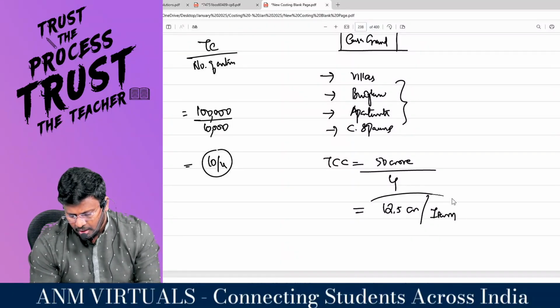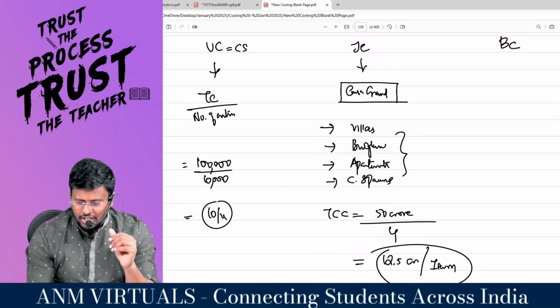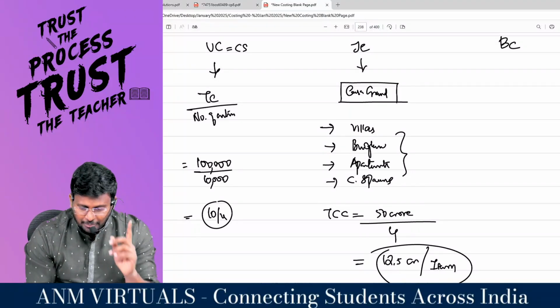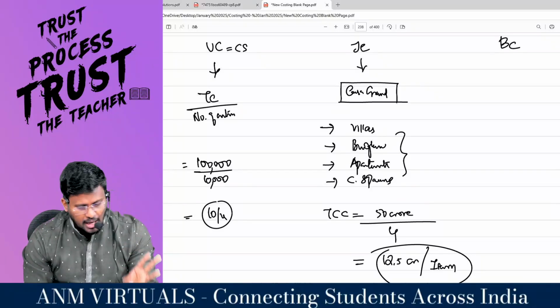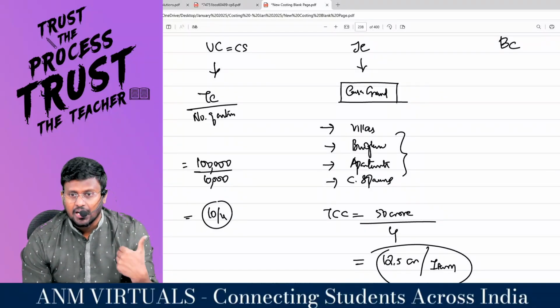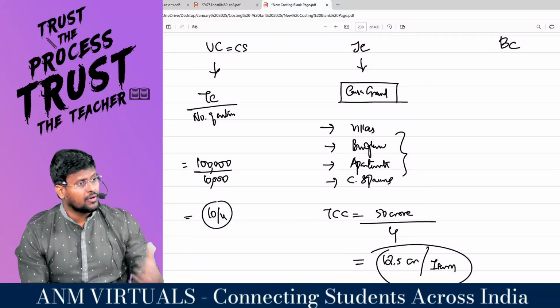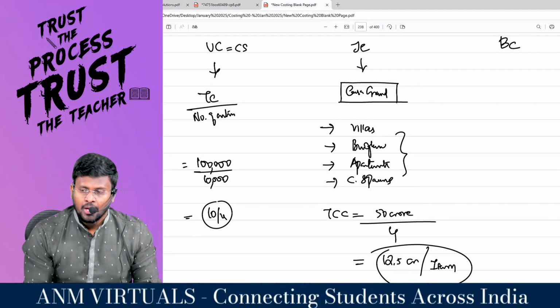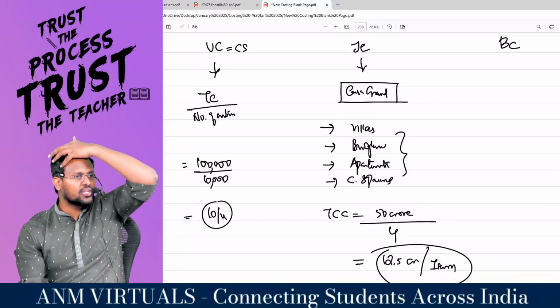Is this right? This is absolutely wrong, because they have not manufactured 4 pens. They have manufactured a villa, a bungalow, an apartment, and a commercial space. The cost of manufacturing a villa may be different from the cost of manufacturing a bungalow. The cost of manufacturing a bungalow may be different from the cost of manufacturing an apartment.